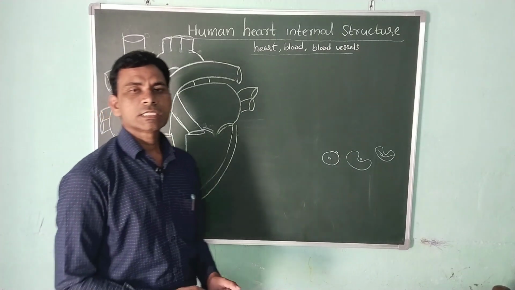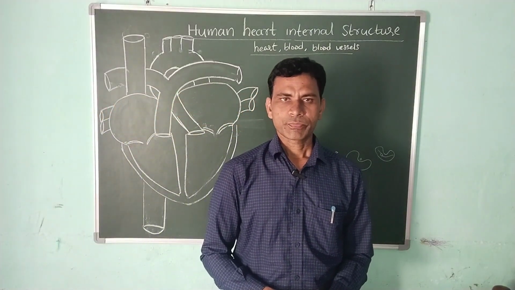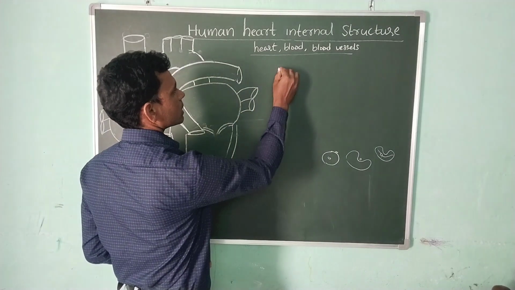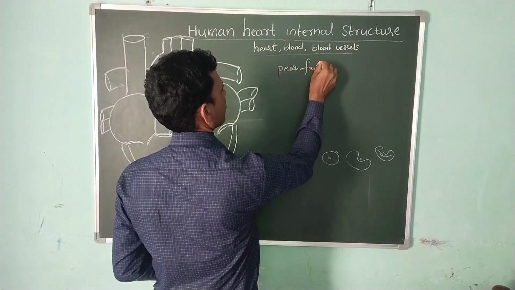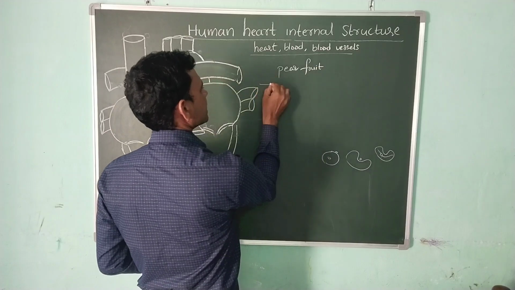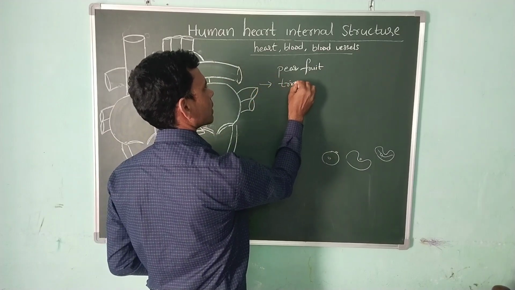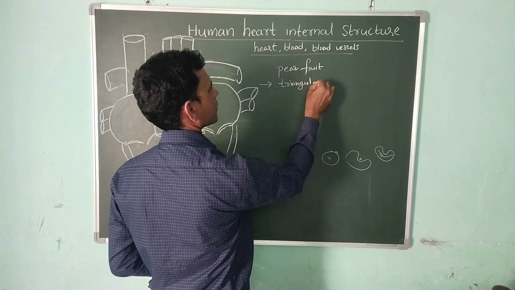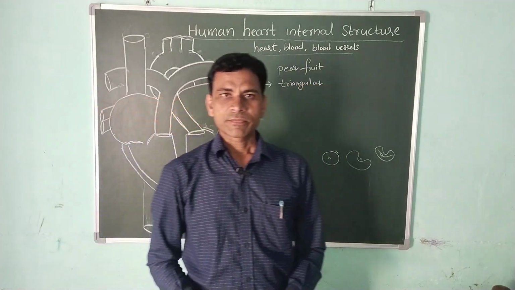Our heart is an inverted pear fruit shaped structure, and its outline is triangular. Where is it present?